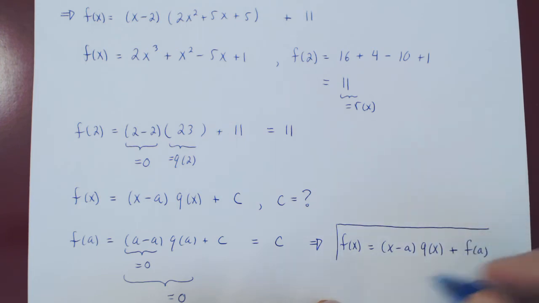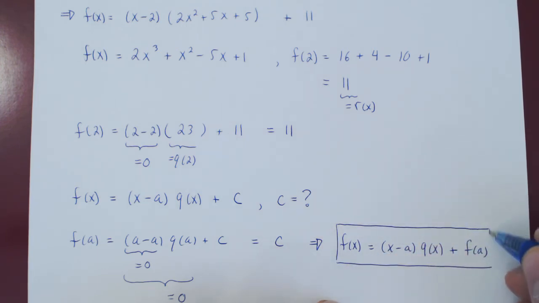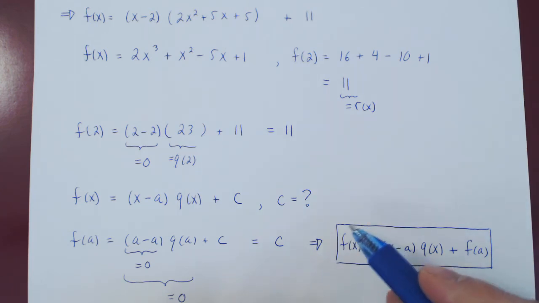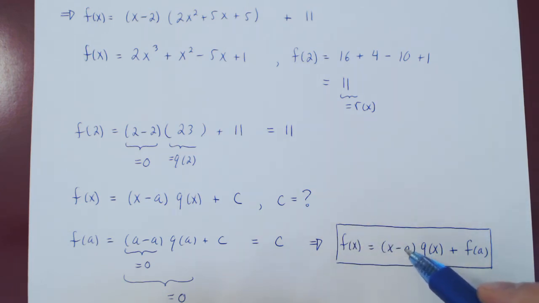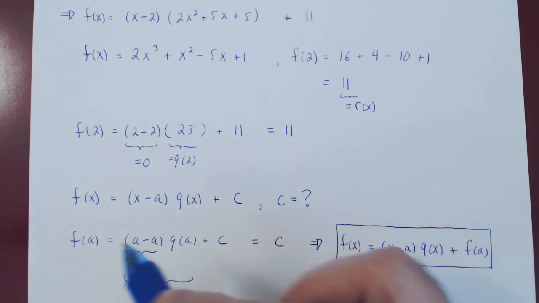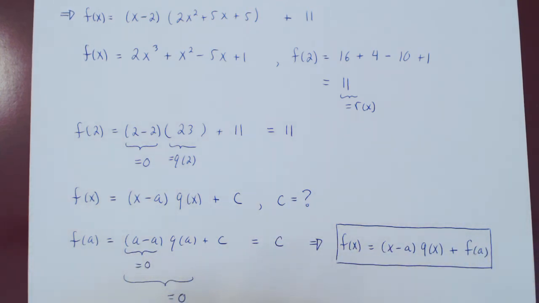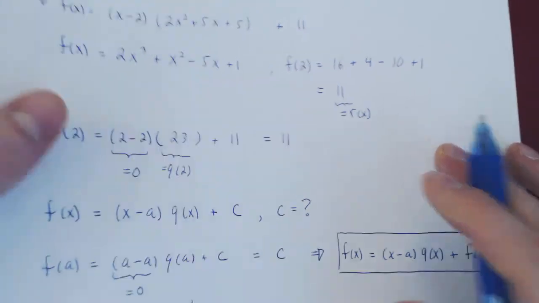And with this observation, we can now easily prove the factor theorem. So if you divide f of x by x minus a, where a is a constant, the result will be f of x equals x minus a times the quotient plus a constant remainder, which has to be equal to f of a. Alright, so now let's prove the factor theorem using this simple observation.